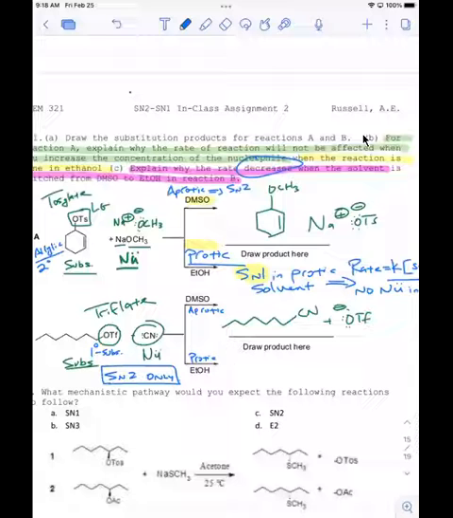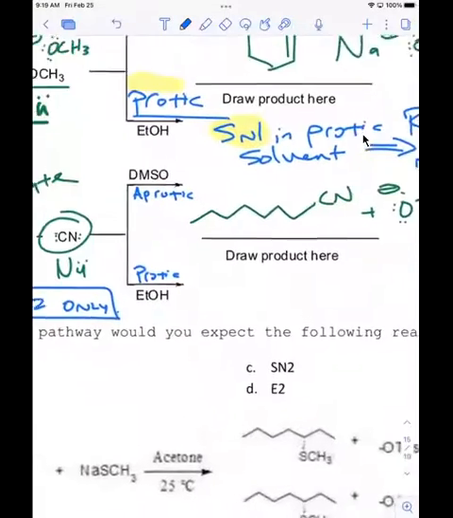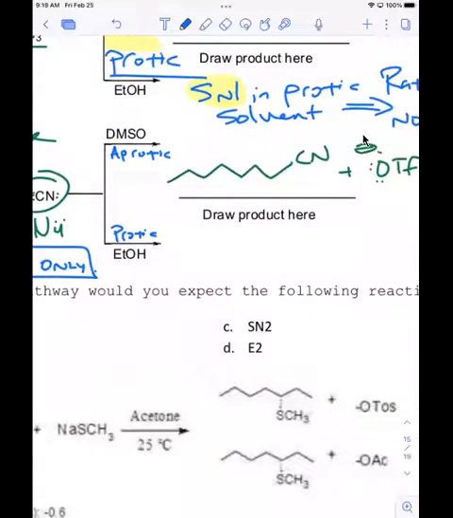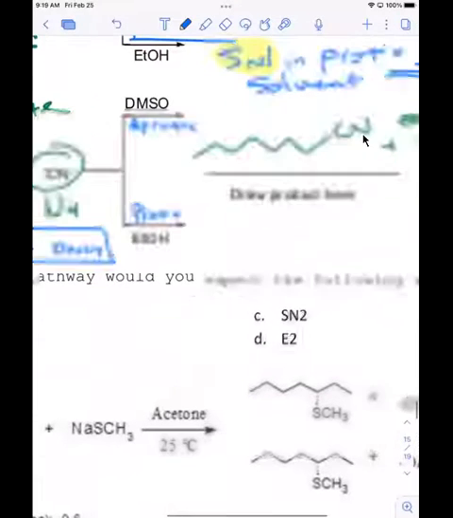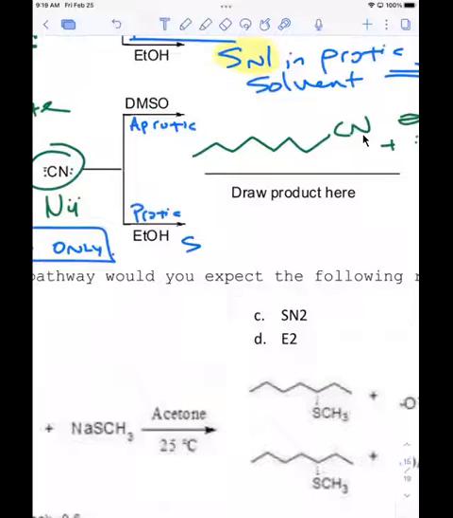It will solvate the nucleophile, not the leaving group, because in this case, remember this is concerted. So the leaving group is leaving at the same time the nucleophile is coming in. So if I switch over to a protic solvent, it's going to slow the reaction down because it's going to actually solvate that cyanide anion. And that's bad, right? Because I showed you how that would look on an energy diagram, where when you solvate the nucleophile and lower its energy, you make it less reactive.